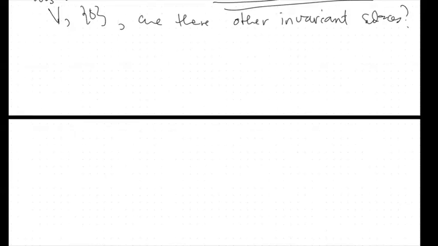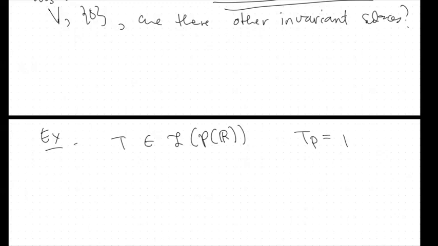Now let us consider a concrete example. Suppose we get a linear map, an operator on the polynomials with coefficients in R, defined by T of P is equal to P prime. Then P4 here, the polynomials of degree at most 4, is invariant under T. Why?